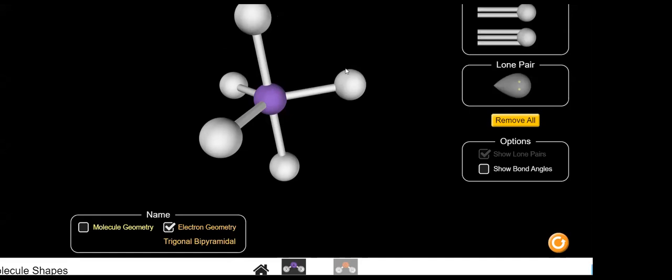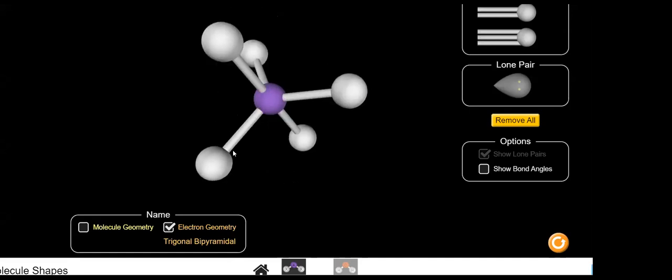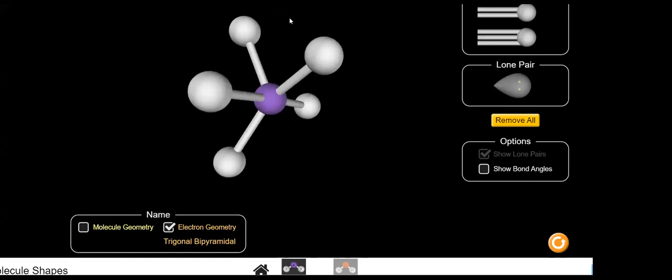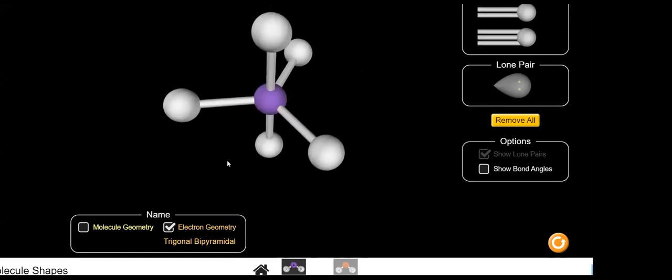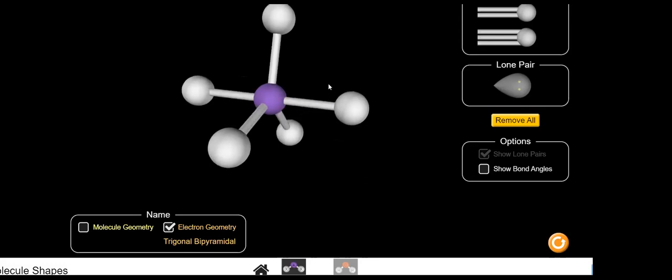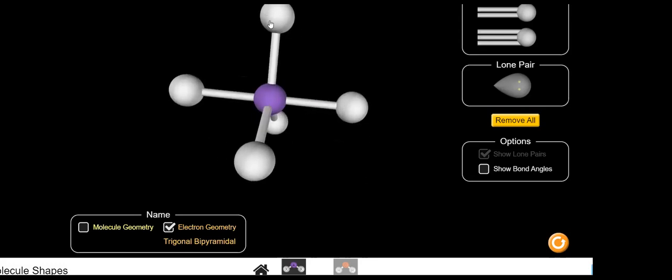But if we were to put the lone pair here instead, if I can ever rotate this over there. Oh, dang it. So if we put the lone pair here at the equator, how many bonding pairs would it be 90 degrees away from? 2.